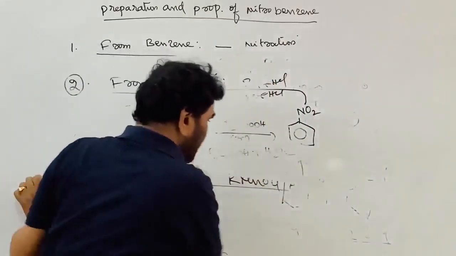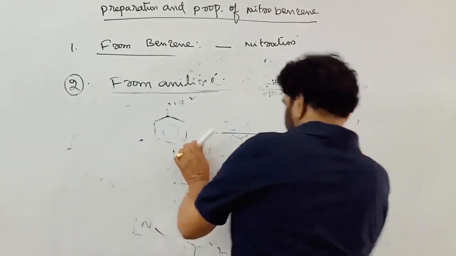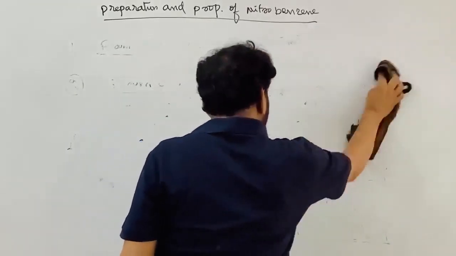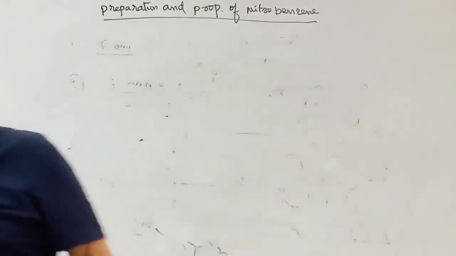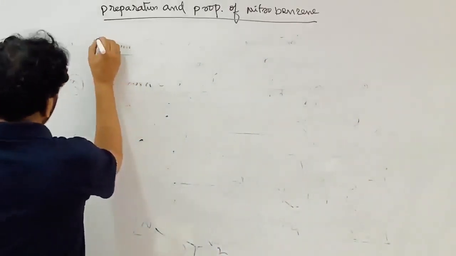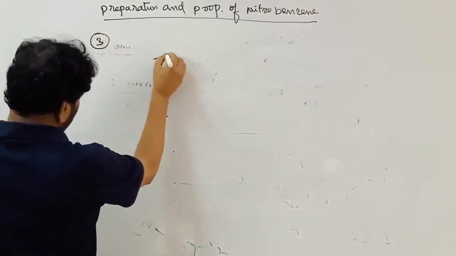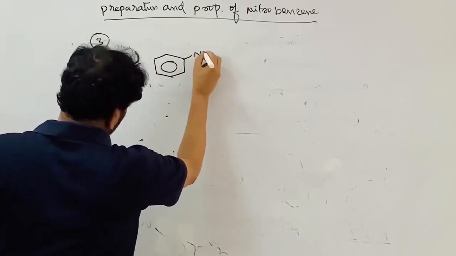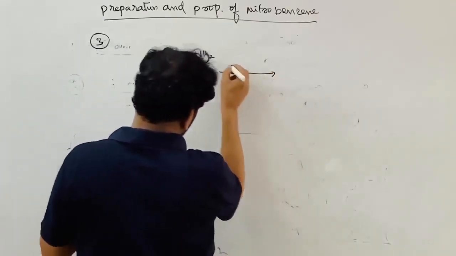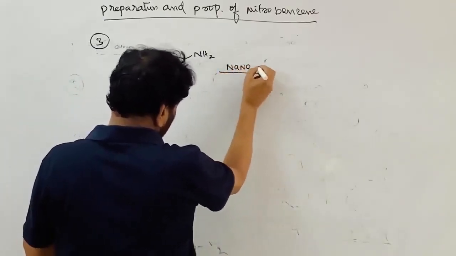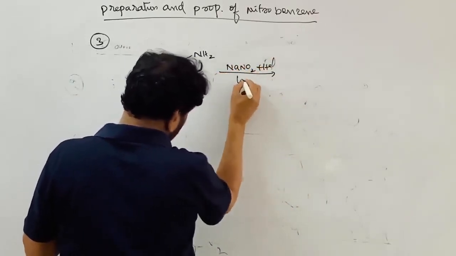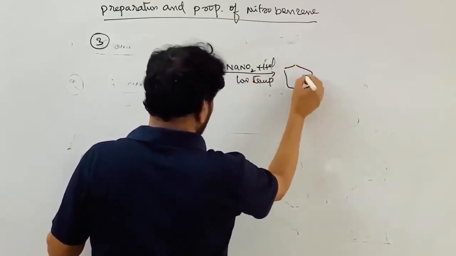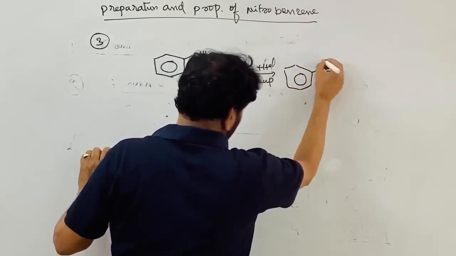See, the third method of preparation is from benzene diazonium salt. From aniline, on treatment with NaNO2 plus HCl under low temperature conditions, diazotization takes place; that is, aromatic primary amines undergo diazotization and form the diazonium salt.